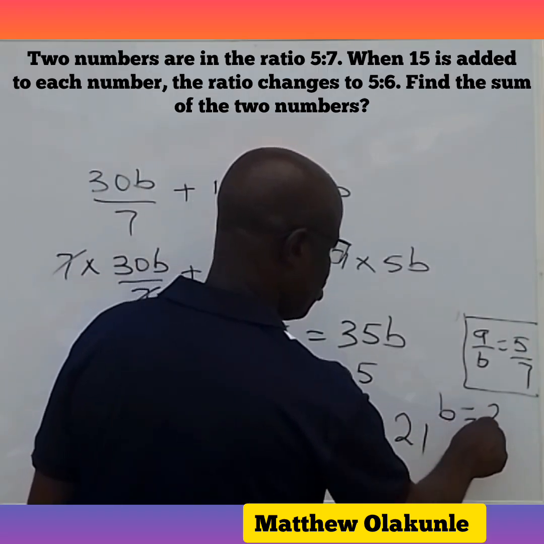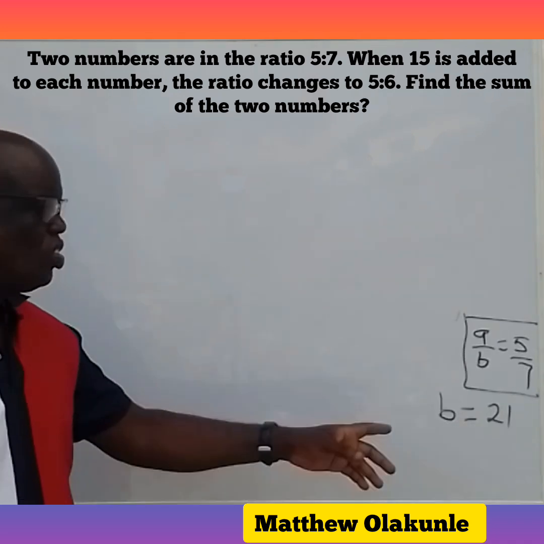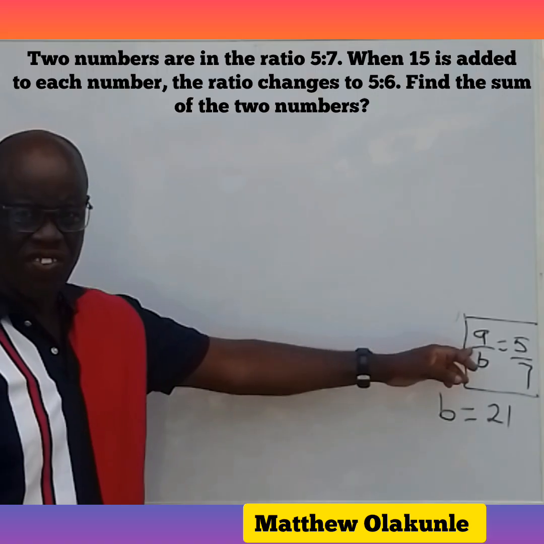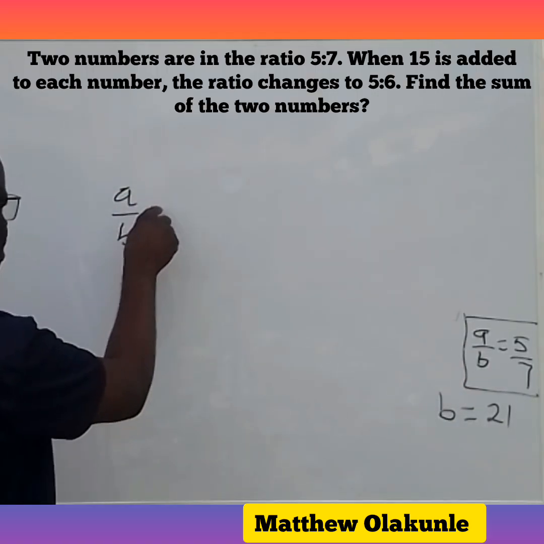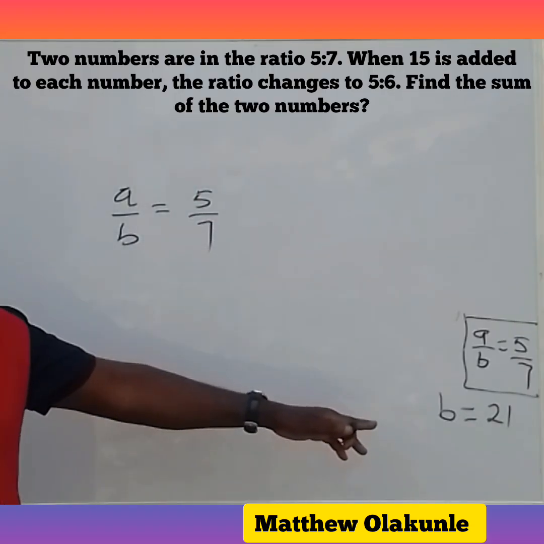B is 21. To get the value of A, you can substitute B equal to 21 in any of the equations. But I decide to use this one, which is A all over B is equal to 5 all over 7. So I want to put my B to be 21.